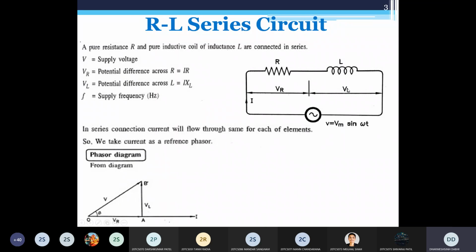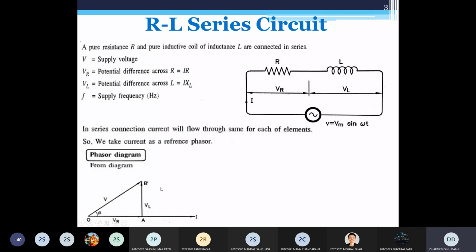Now, the voltage across the inductor VL and current are perpendicular to each other, because the voltage across the inductor and the current through it have a 90-degree phase difference. Current lags behind the voltage by 90 degree. So I draw the vector of VL perpendicular to the x-axis, which is the axis of current. Clear?